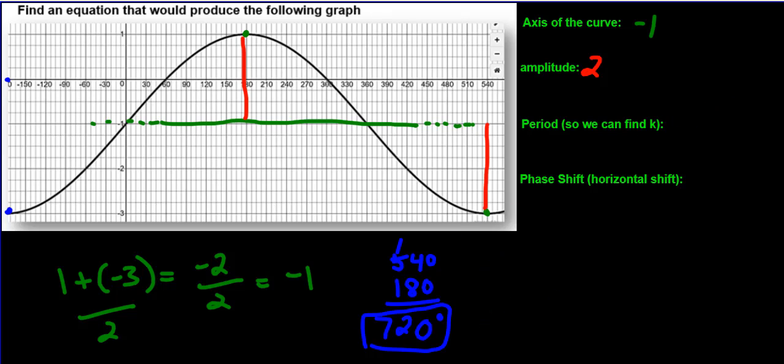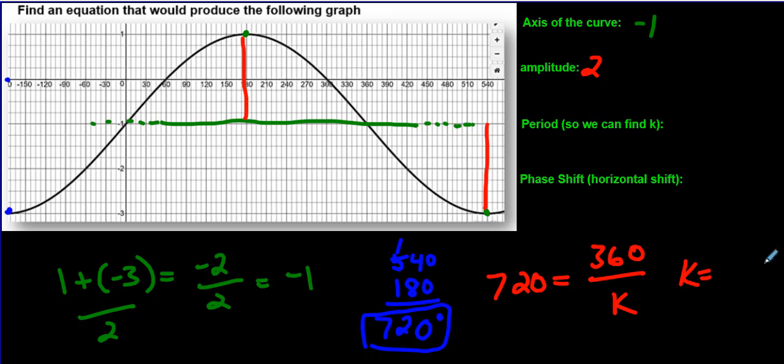Now remember, we're not quite done here. You can't stick 720 in the equation. 720 is our period, and that's 360 divided by k. If you were to solve this using whatever method you liked, you end up getting 360 divided by 720.